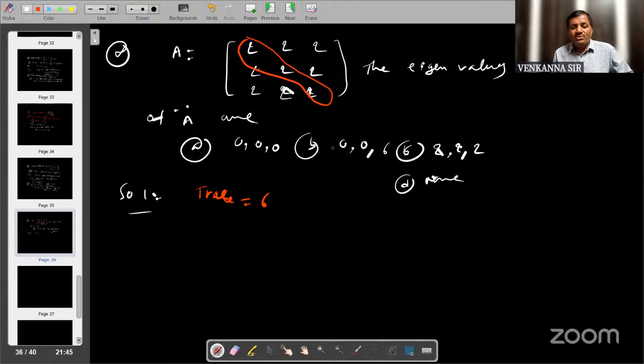So B and C both give the sum of the eigenvalues as 6. But which is correct? The determinant value is 0, so the product of the eigenvalues is also 0. Option B is the correct answer.